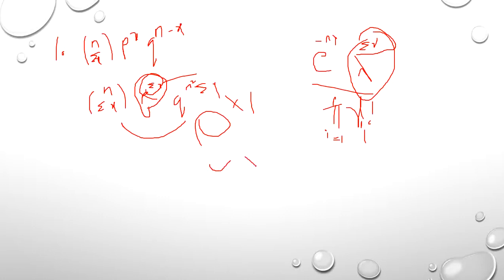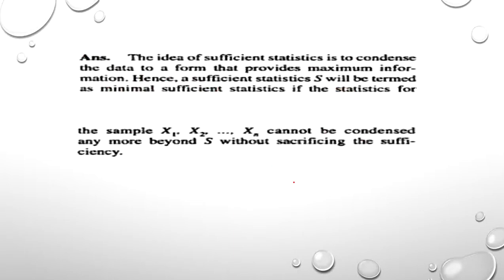There is a lot of use in order statistics, the nth largest and smallest order statistics. Smaller statistics and larger statistics we can also discuss with uniform and exponential examples, and there are a lot of results too. This is the minimal sufficient statistic. The idea of a sufficient statistic is to condense the data to a form that provides the maximum information.